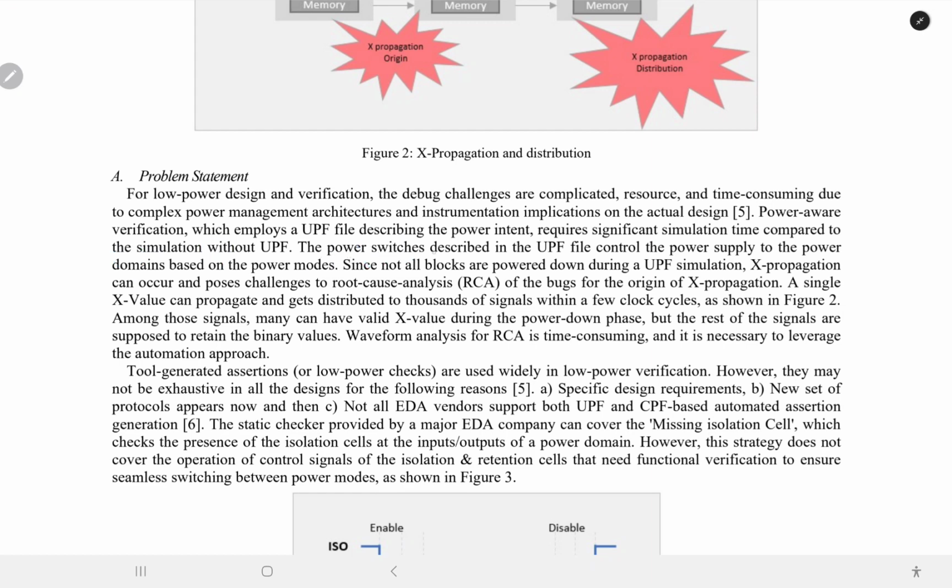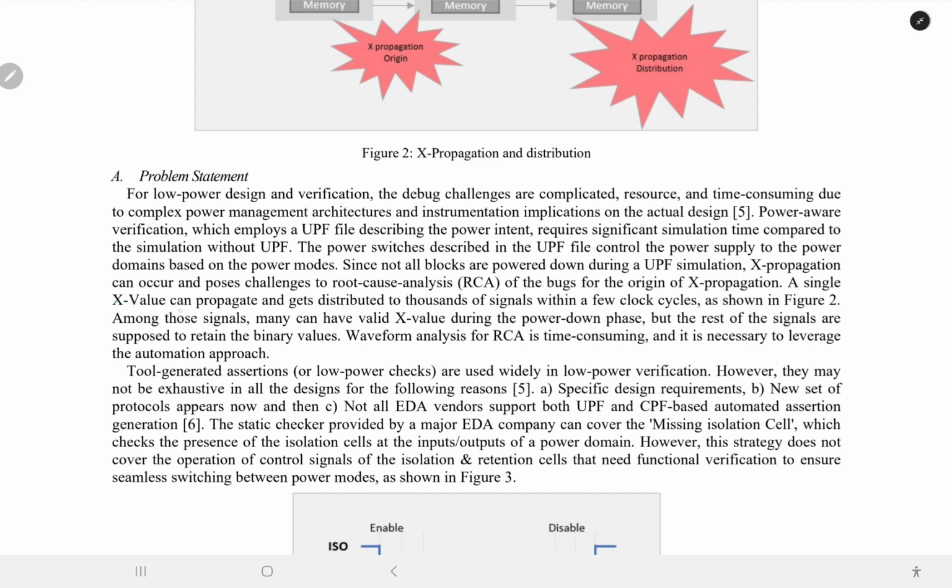The power switches described in the UPF file control the power supply to the power domains based on the power modes. Since not all blocks are powered down during a UPF simulation, X-propagation can occur and poses challenges to root cause analysis (RCA) of the bugs for the origin of X-propagation.